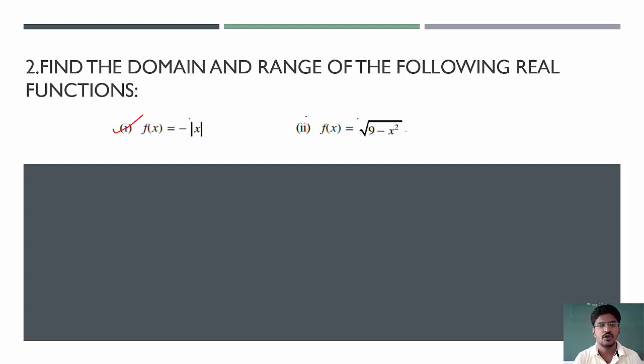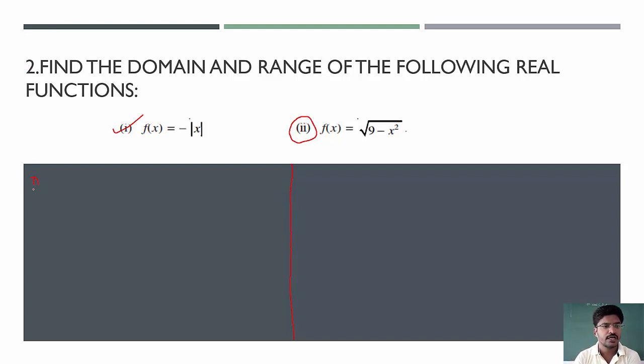Now we are going to solve f of x equal to square root of 9 minus x square.